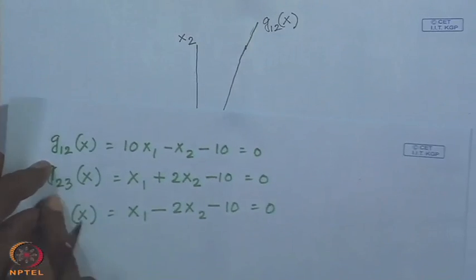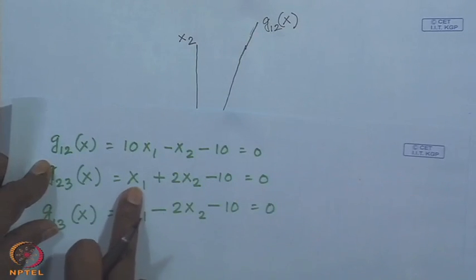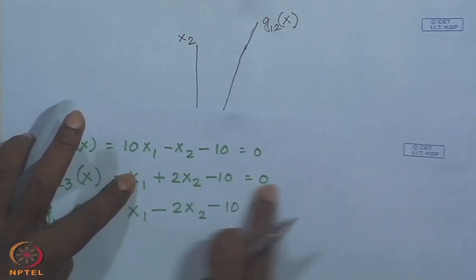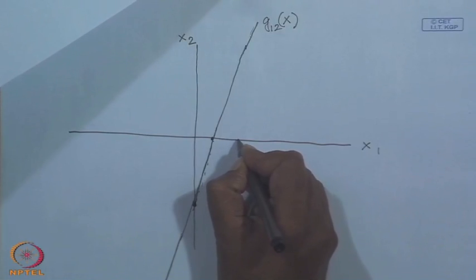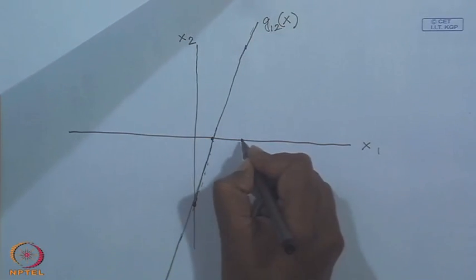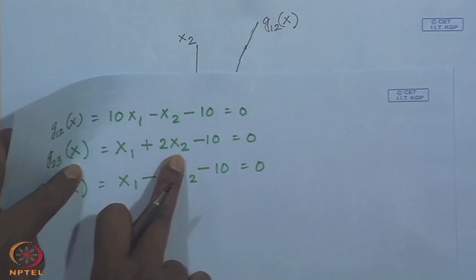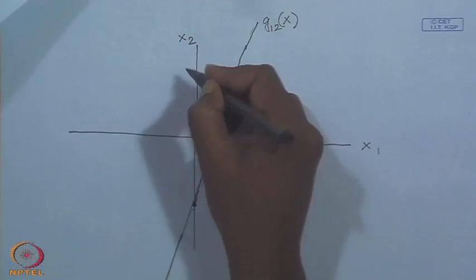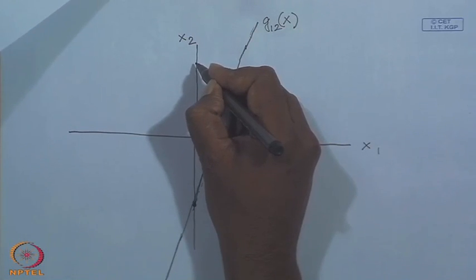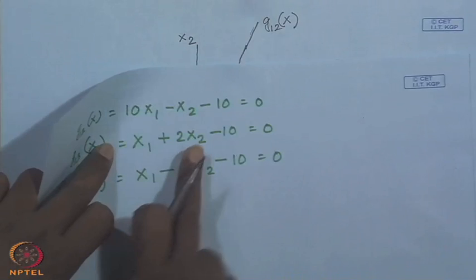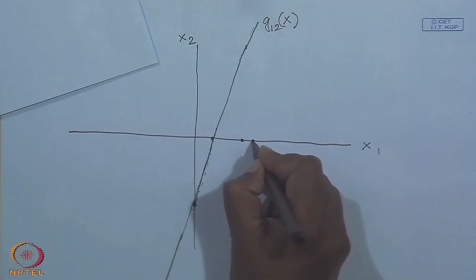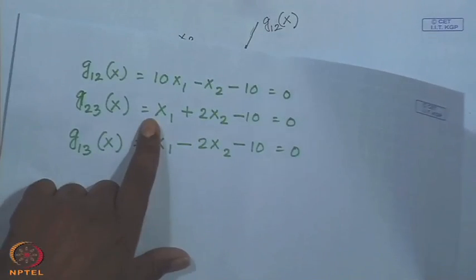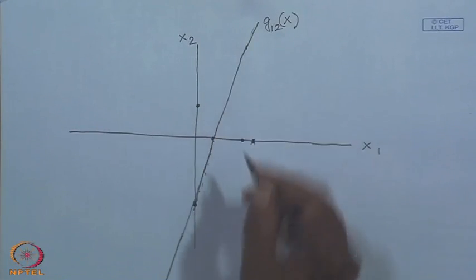Coming to the next one, g23(x). If I put x1 equal to 0, x2 will be equal to 5, so that will be a point somewhere over here. And if I put x2 equal to 0, then x1 is equal to 10, so that is a point somewhere over here.